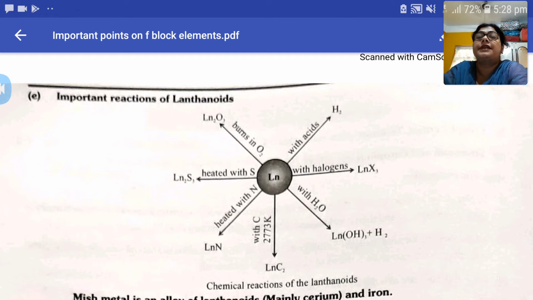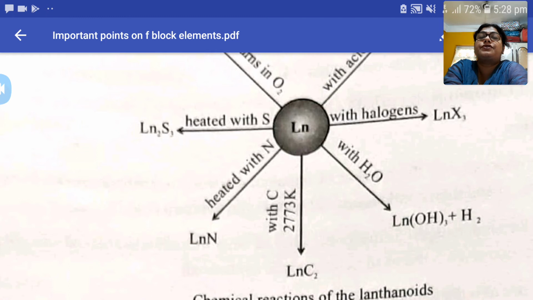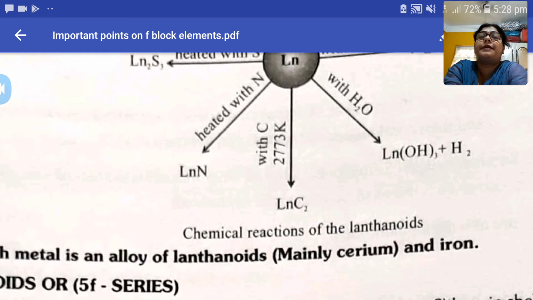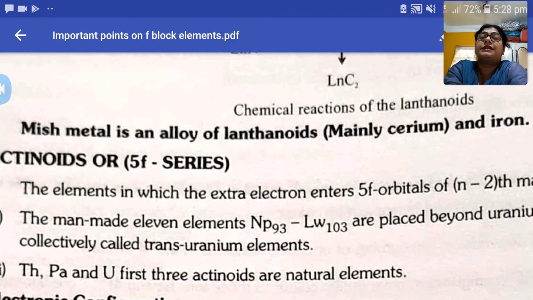Then when it is heated with sulfur we will get Ln2S3, and when it is heated with nitrogen we will get LnN. Now here, misch metal, a very important thing, is an alloy of lanthanoids, mainly cerium and iron.